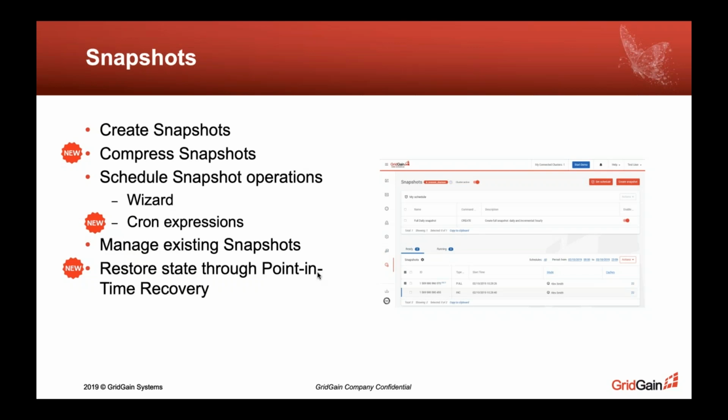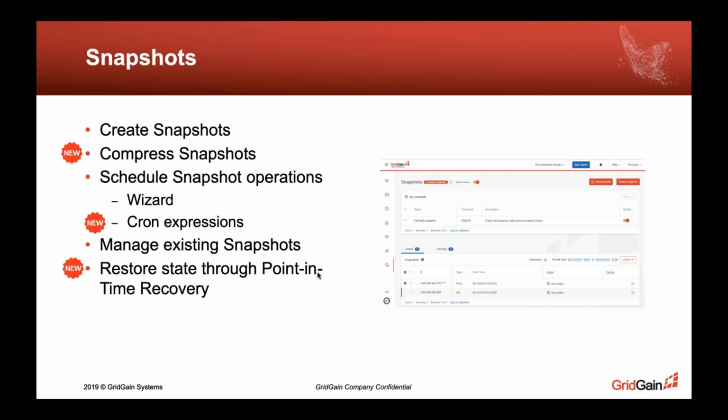Another area of Web Console where we've added a bunch of new features is around snapshots. Snapshots is another enterprise feature for GridGain Ultimate Edition. And it allows us to take advantage of Ignite persistence in order to save state for recovery, point-in-time recovery, and things like that.